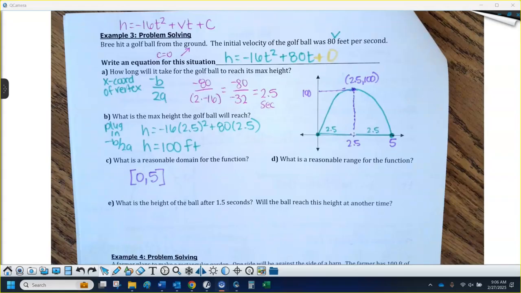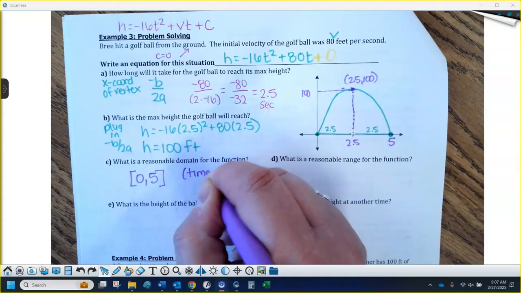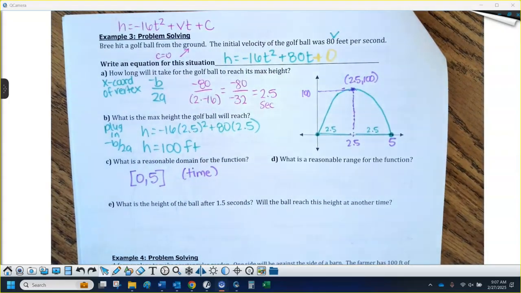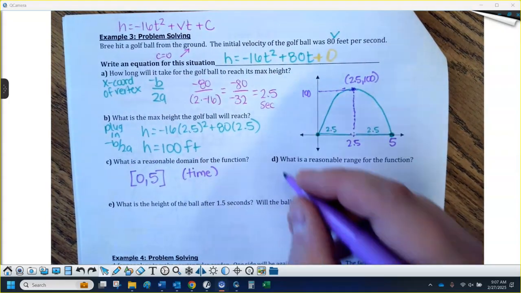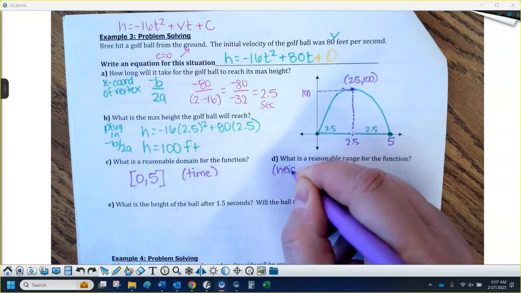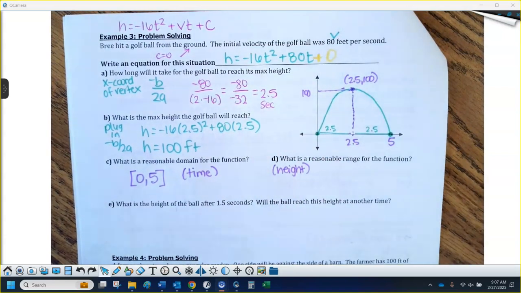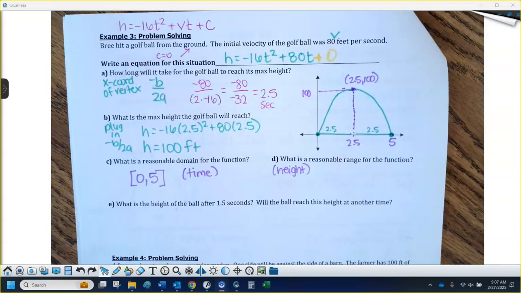So this is representing the time for this golf ball. The range for this situation would represent all the possible heights for the golf ball. What would you tell me for a reasonable range? Between what numbers do the heights of this golf ball go? 0 to 100.